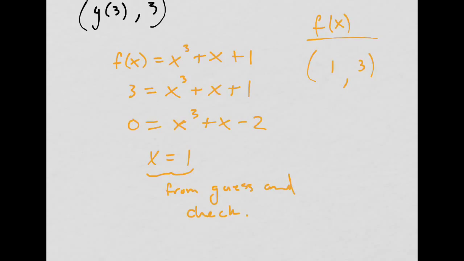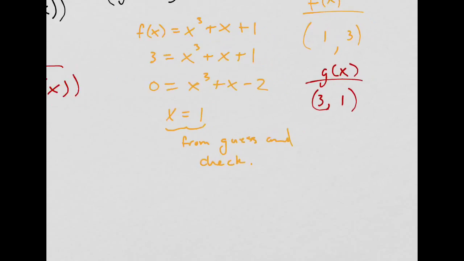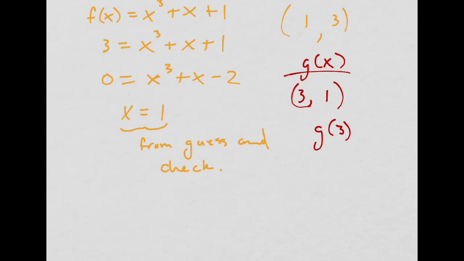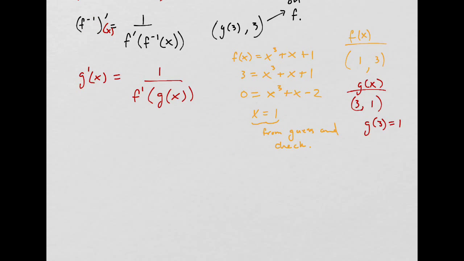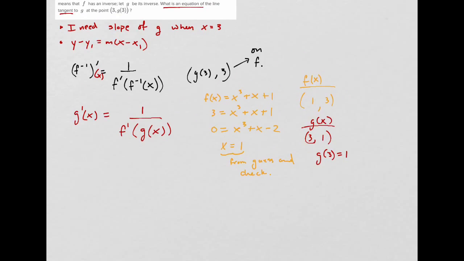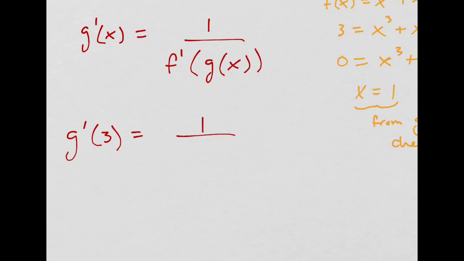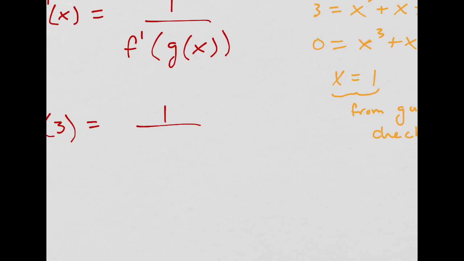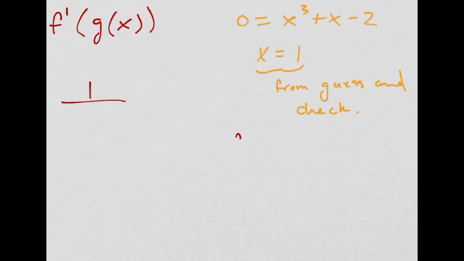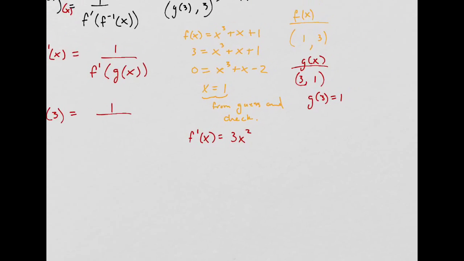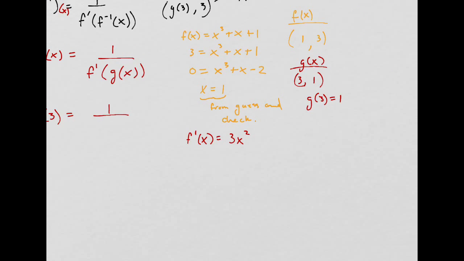That means for g of x, it's important to write this down: the point (3, 1) is on my function, which means g of 3 equals 1. Now I can find out the slope when x equals 3. So g prime of 3 will be 1 over f prime of g of 3. f prime of x is 3x squared plus 1.